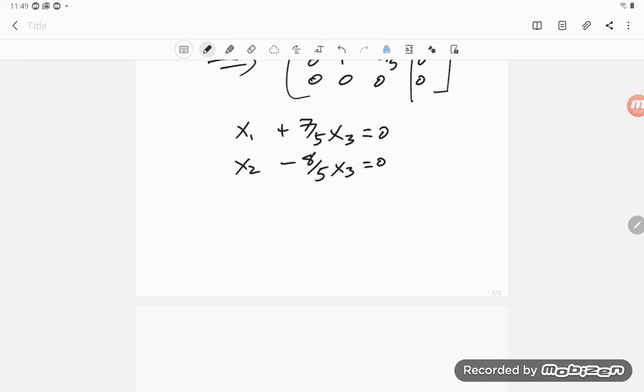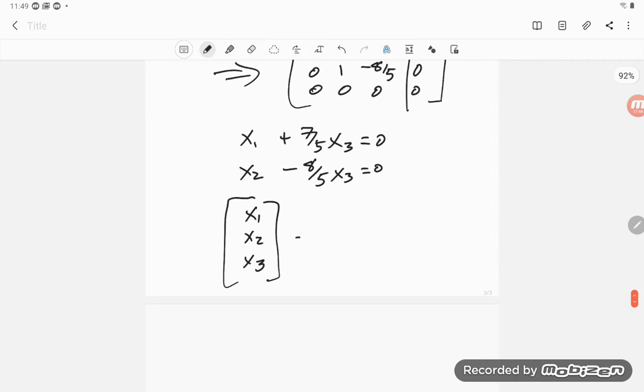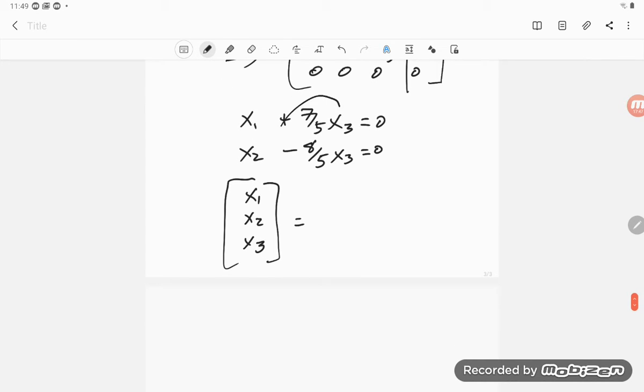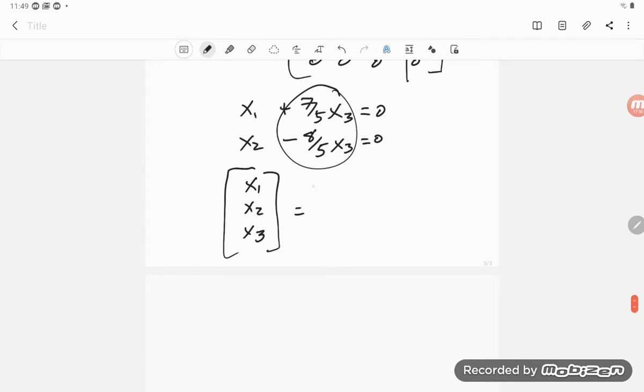Okay, and so then I could write that in vector form. I could write x1, x2, x3. So any vector in my null space that I'm trying to get to is equal to, well, moving this to the right hand side, I get negative 7/5, I get an 8/5, making that positive.